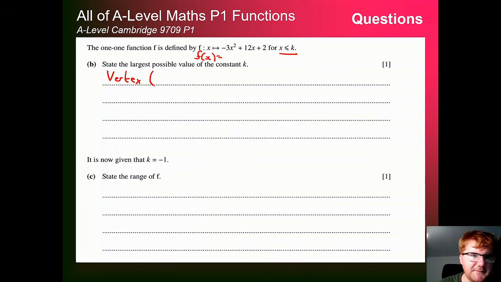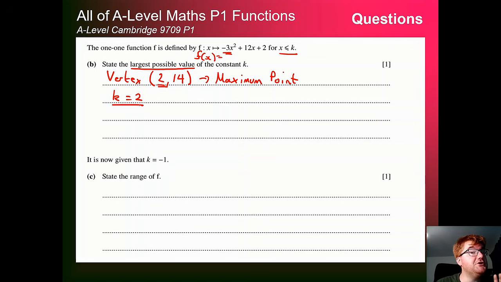The vertex is 2, 14. So that's a maximum point here because we have a negative quadratic. Let's pop that in. Because it's the largest possible value that we're looking for, we just read off the x coordinate here. So k is equal to 2.